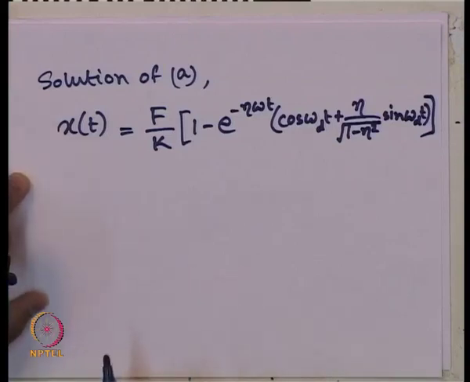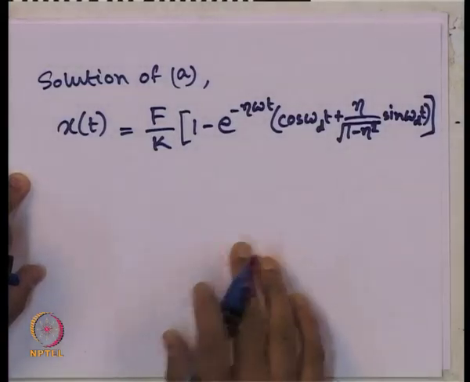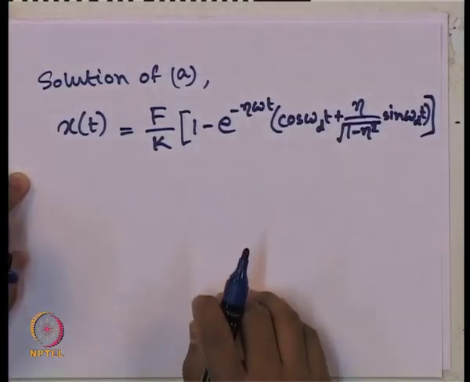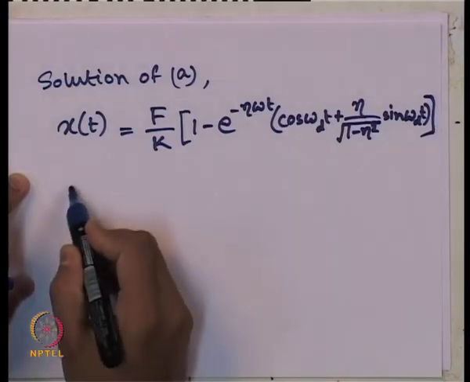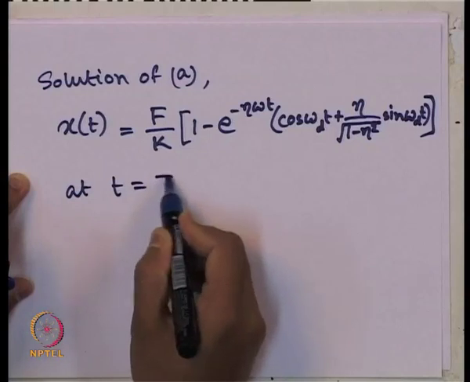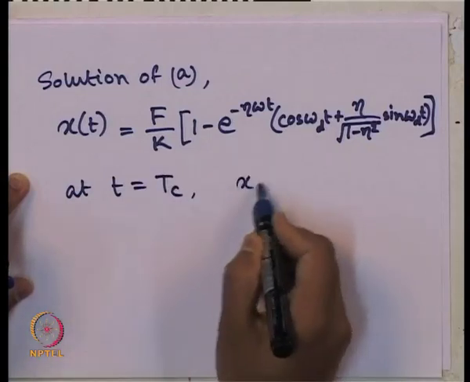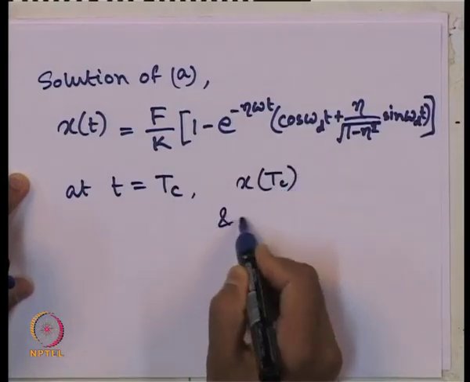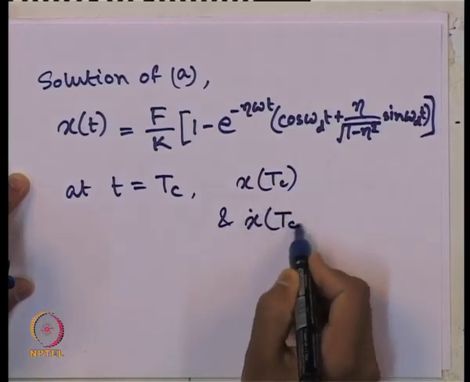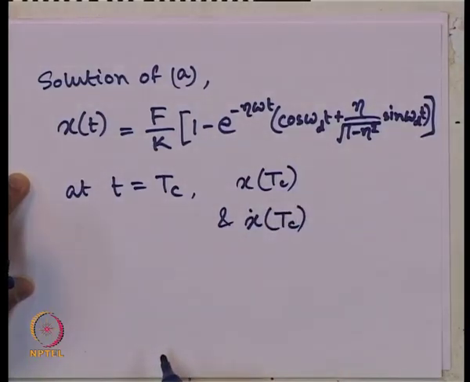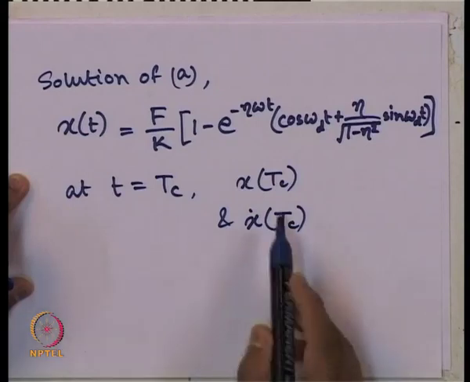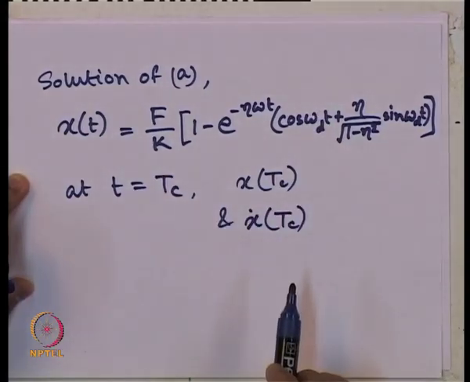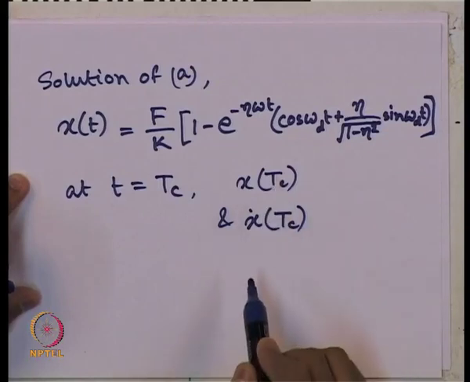Now, how to go to part B? Part A solution and response is known to us. To go to part B, what we have to do? At t equals T c, we can find out x of T c and the velocity x dot of T c from this expression. If we put the time T c up to which the load is acting, we can get the displacement and velocity.